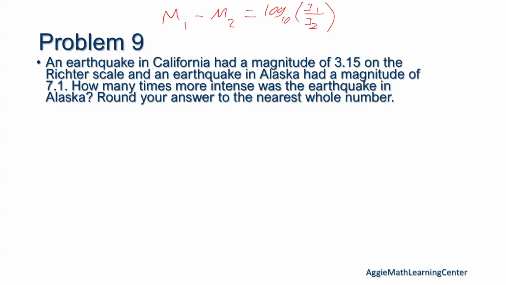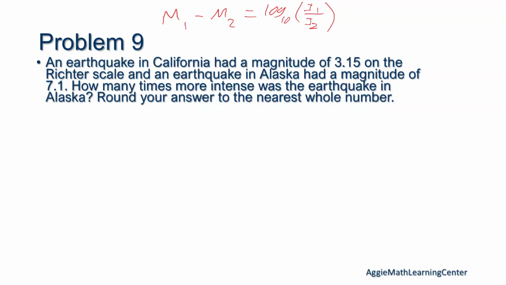It says an earthquake in California had a magnitude of 3.15 on the Richter scale, and an earthquake in Alaska had a magnitude of 7.1. How many more times intense was the earthquake in Alaska? Let's make the Alaska earthquake 1, because it's the bigger one.